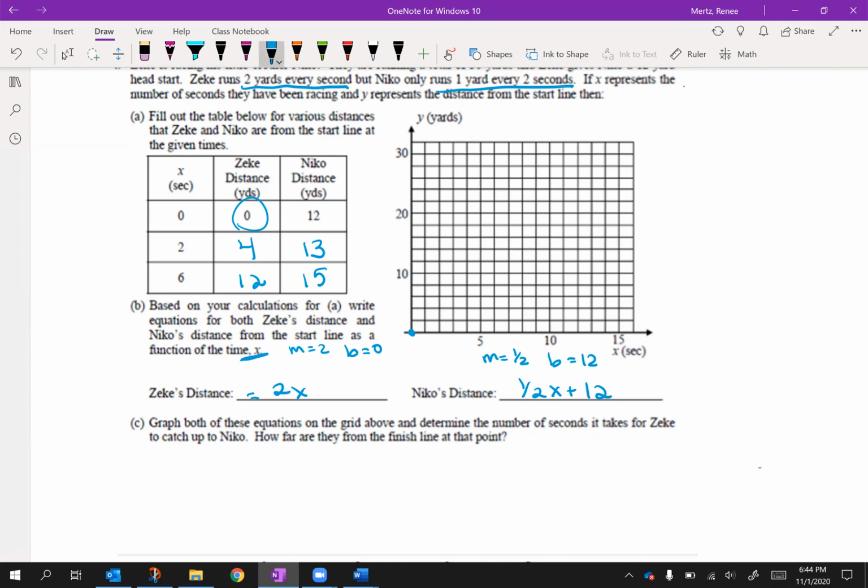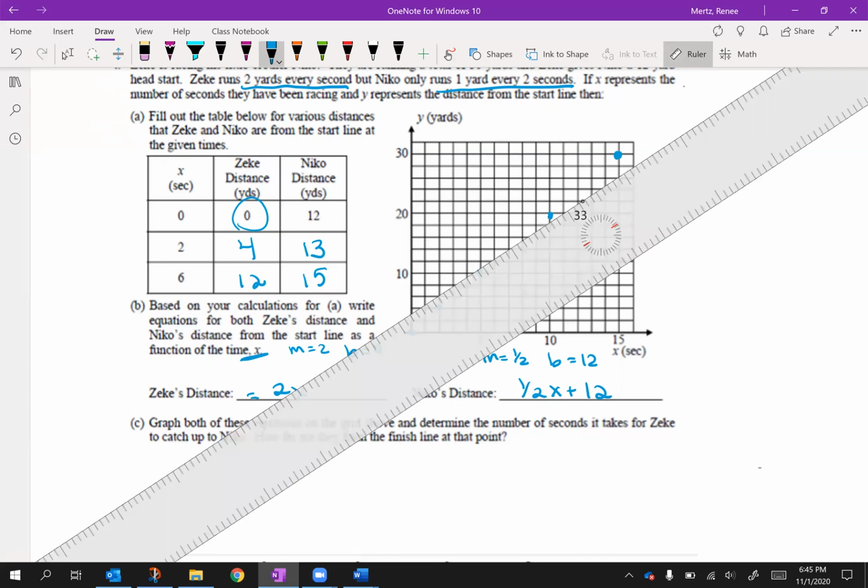2, 4. 5 will be 10. 2, 4, 6, 8, 10. 10 will be 20. 15 will be 30. So Zeke is just hitting the diagonal.